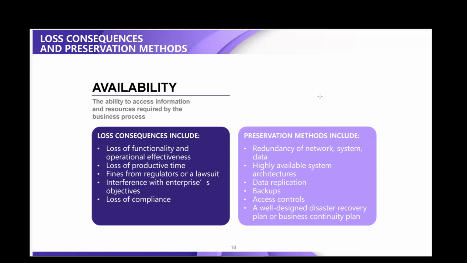Also make sure that you have an HA system architecture. Make sure that you have data replication, a very robust backup copy, tight access control, and a well-designed disaster recovery plan or business continuity plan.